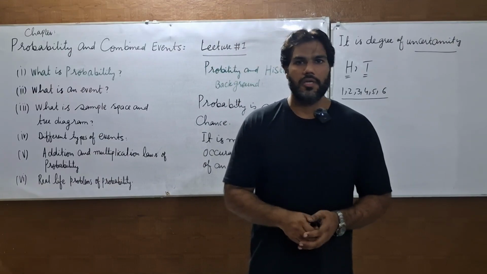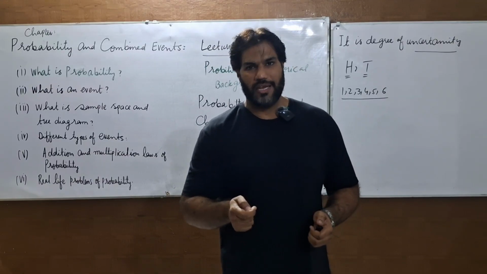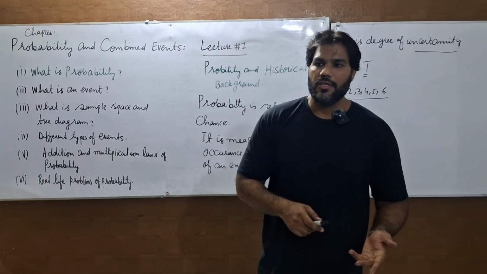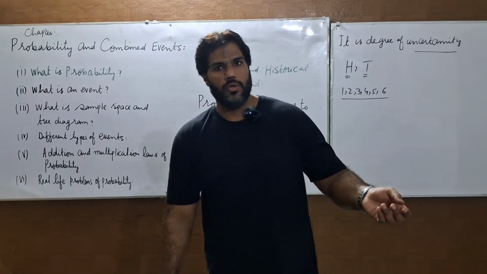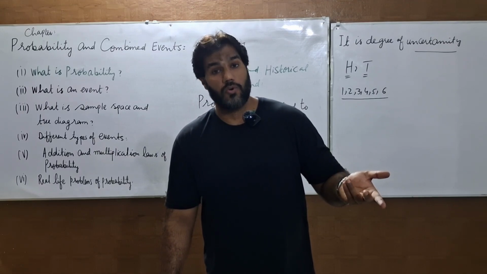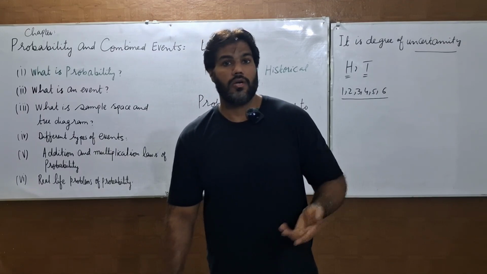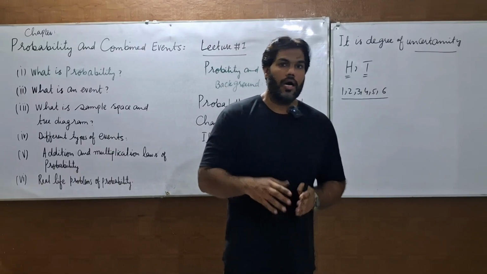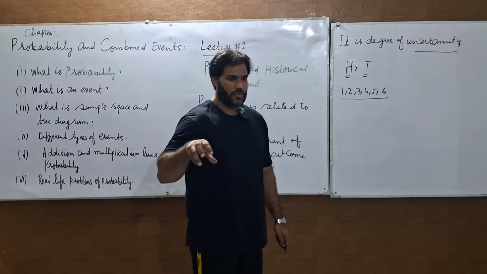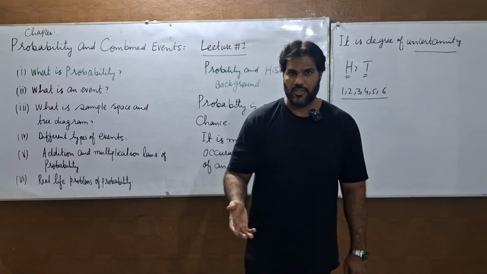Can you say surely the card is red or black? No, you are not sure. Similarly, can you say the card you are picking is a king or queen or a jack? Again, you are not sure. So all of these experiments involve some type of risk or some type of chance.